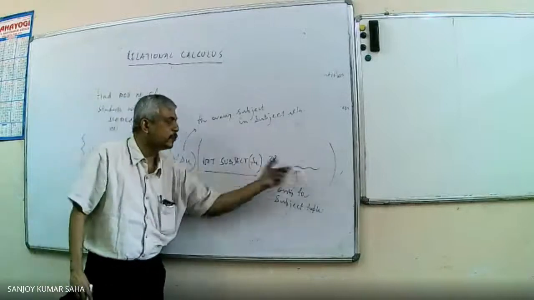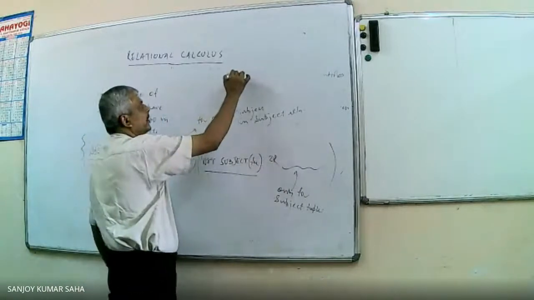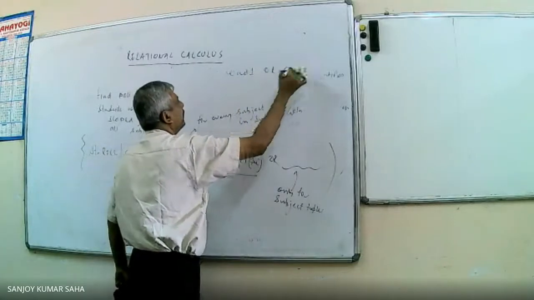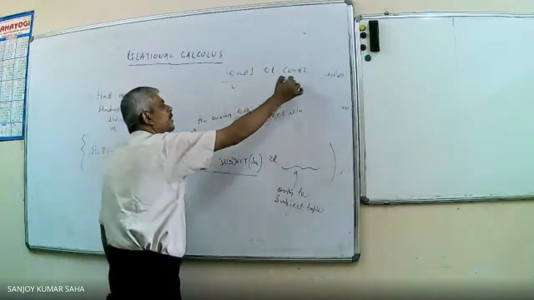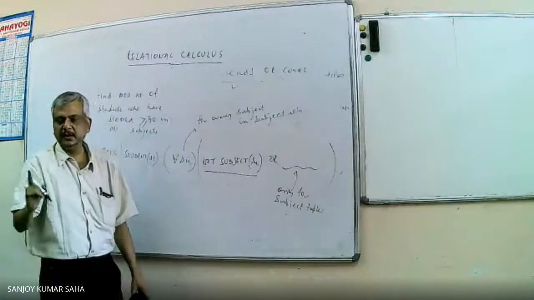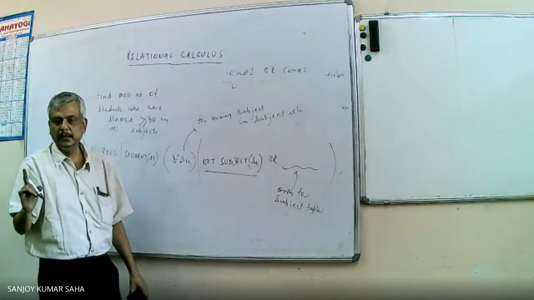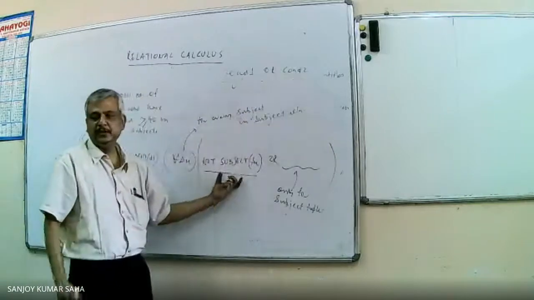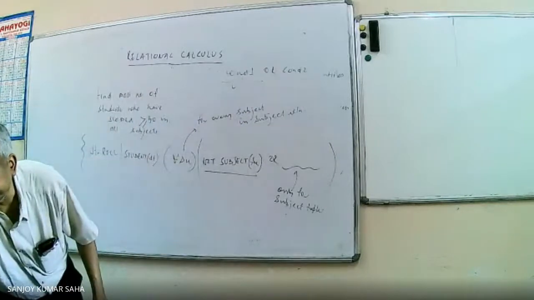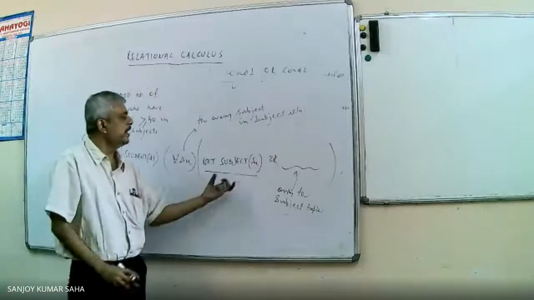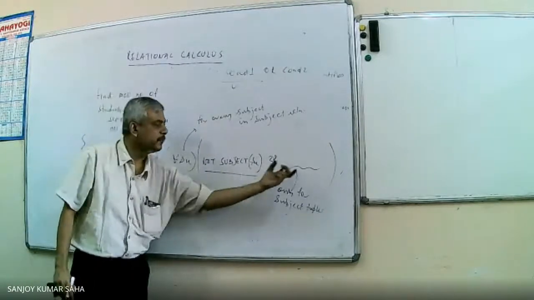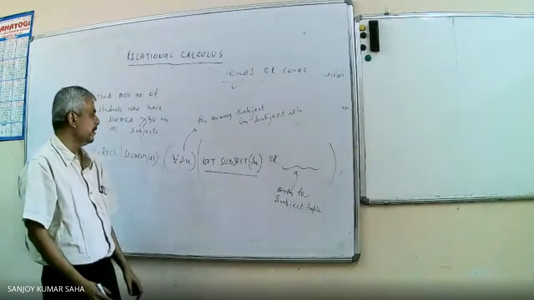It is an OR, condition 1 or condition 2. If this is true, then it will never look into the other condition. That is the beauty of OR. If it is false, then it will come here. It will become false only if it is coming from the subject.